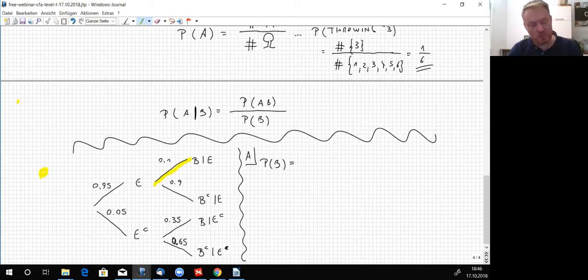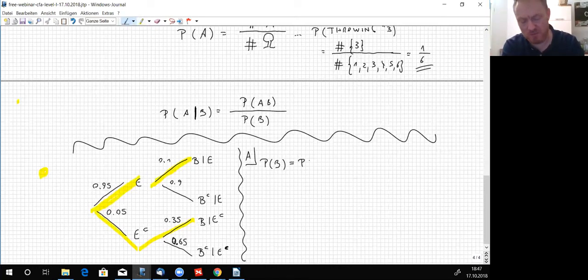So if we go from the very start to all the places where B happens, this would mean that we go here, ending there, plus we would go there, ending there. Those would be the two ways to get to B at the very end.